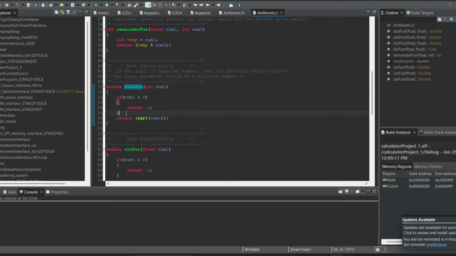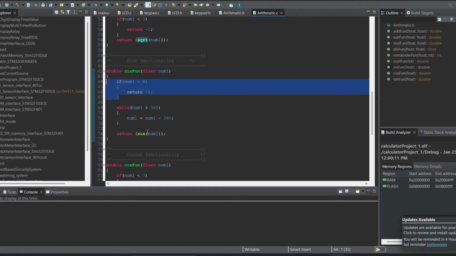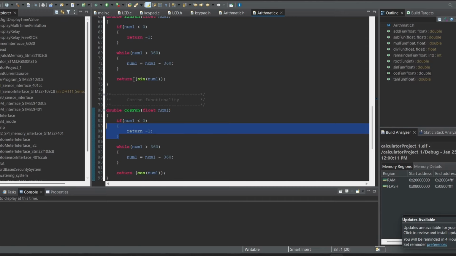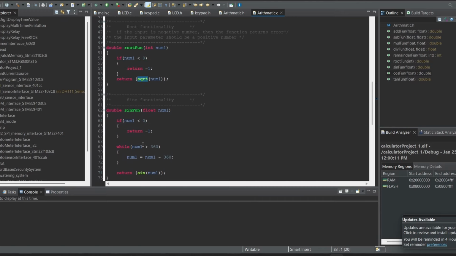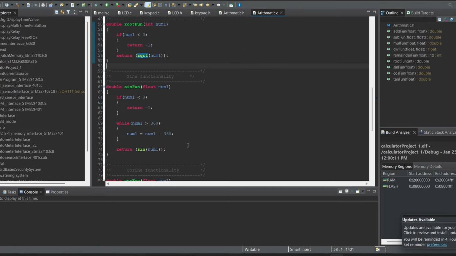If the number is negative, it will return an error. The same goes for sine, cos and tan functionality. Coming back to the root function, we are returning the square root of the number that we have entered. This is fairly simple. I'll explain where this square root function is coming from.